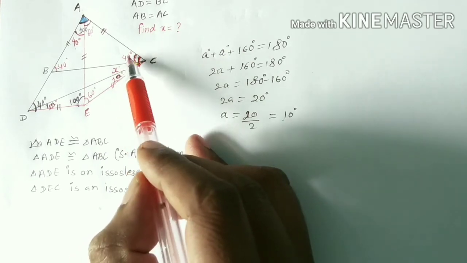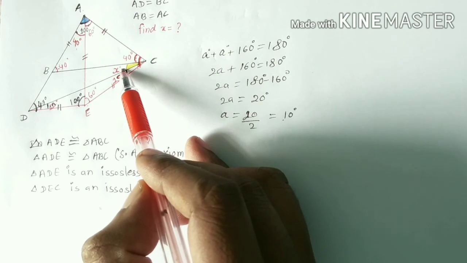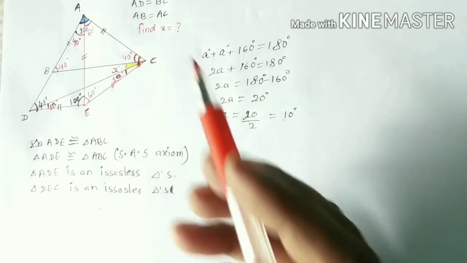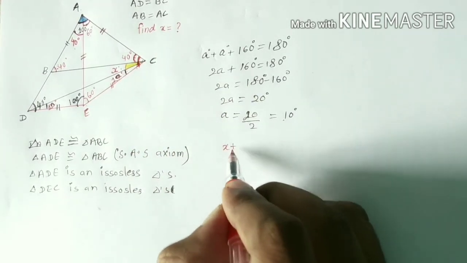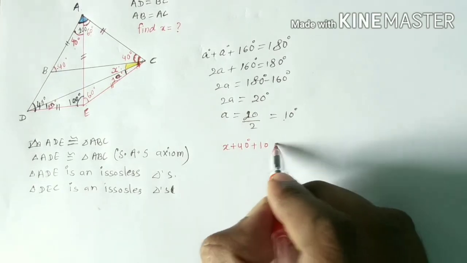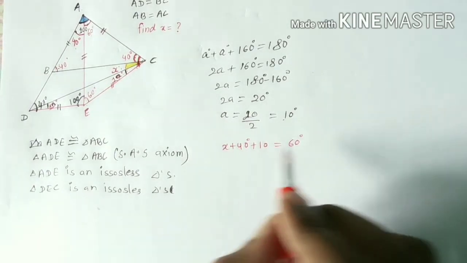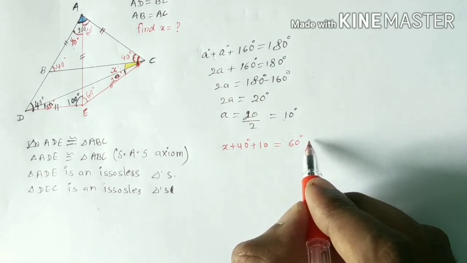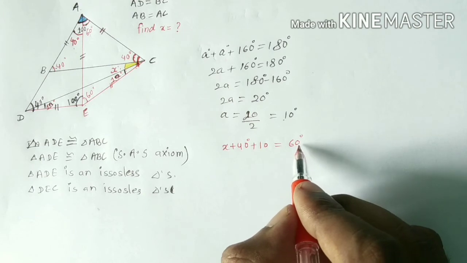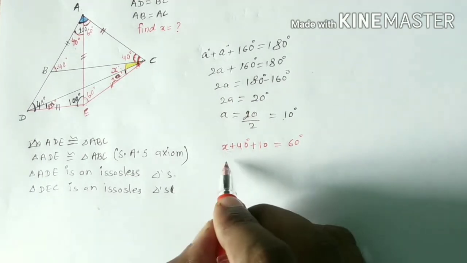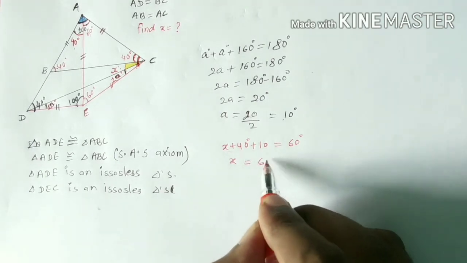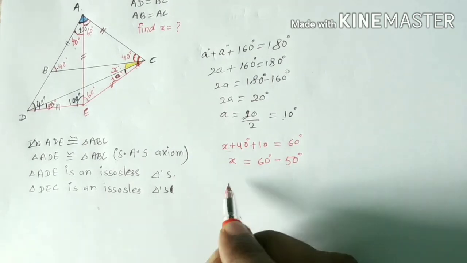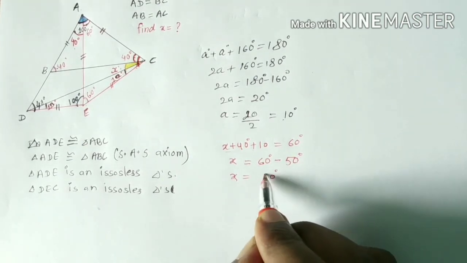So the sum of all these angles is 60 degrees. We write x degrees plus 40 degrees plus 10 degrees is equal to 60 degrees, because this is one of the angles of an equilateral triangle, and the angles of an equilateral triangle are 60 degrees. So x is equal to 60 degrees minus 50 degrees, which means x is 10 degrees.